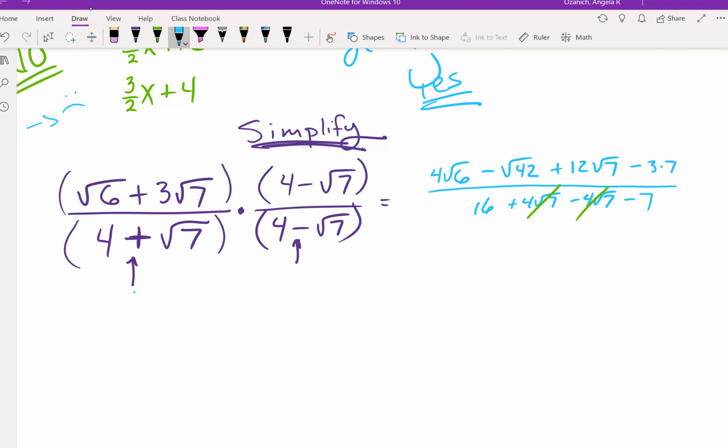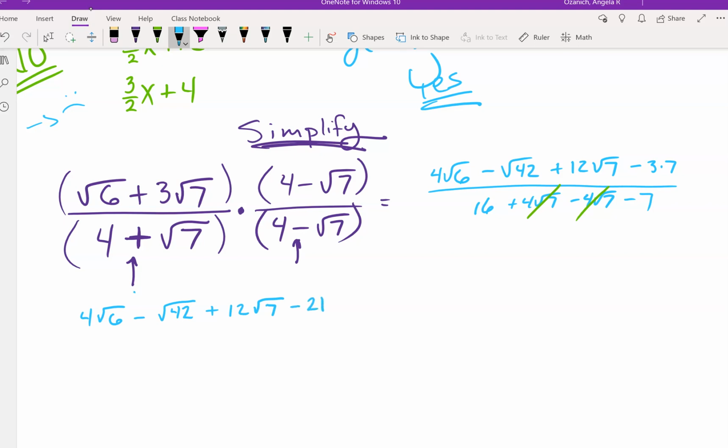All right, so let's keep going here. 4 root 6, not a lot I can do with that. 42, what do you think? 6 times 7, I don't think that is going to simplify at all. My 12 root 7 is going to be as much as I can do with that. And then my 21 here at the end.